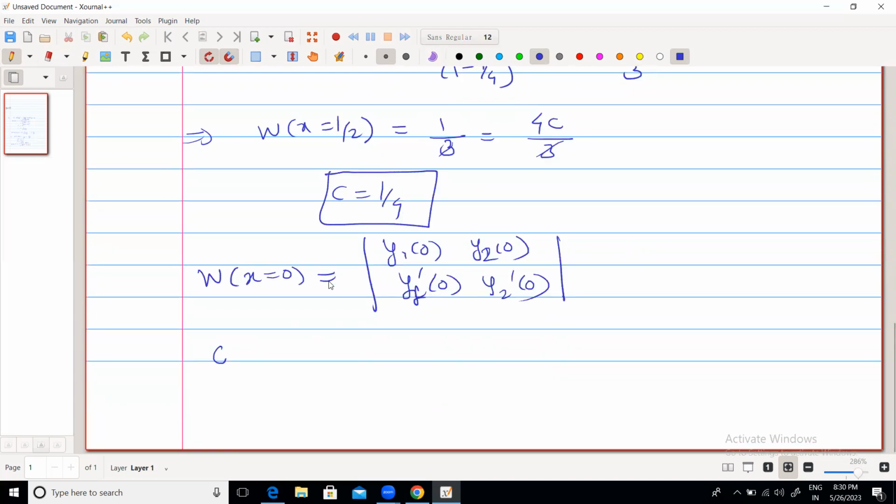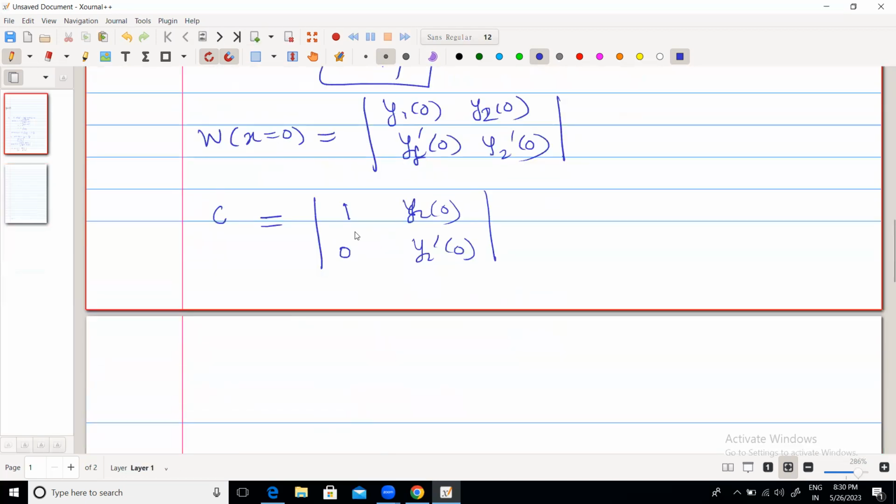Okay, Wronskian at x is equal to 0 is c, and the given values are y1 of 0 to be 1, y2 of 0 is, okay, this is दिलेले नाही आहे, okay. y1 dash of 0 is 0 and we have to find y2 dash of 0.